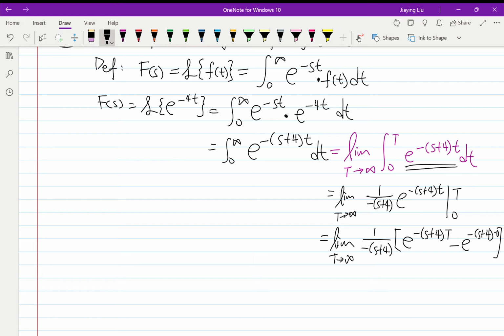When we have a 0 in the exponent, whatever the rest is, this part becomes 1. When we have T here, it's not bad. When we take the limit as T goes to infinity, that part goes to infinity with a negative in front, so negative infinity, which ends up going to 0, right? Obviously, s is some kind of constant.